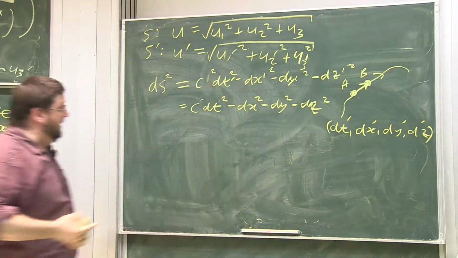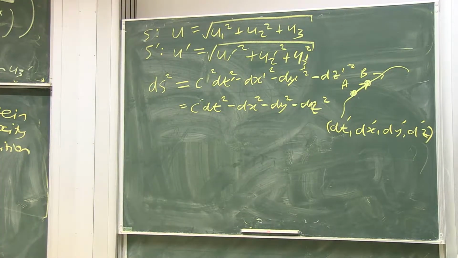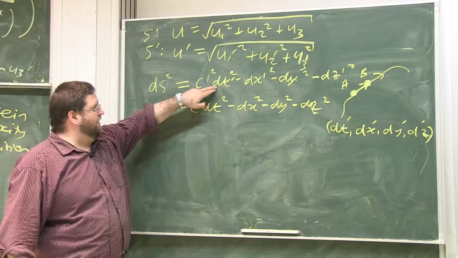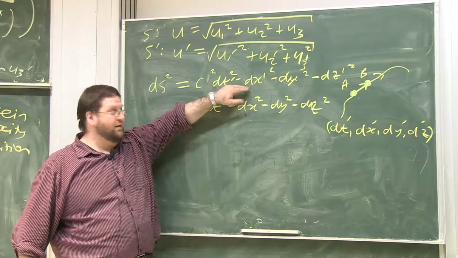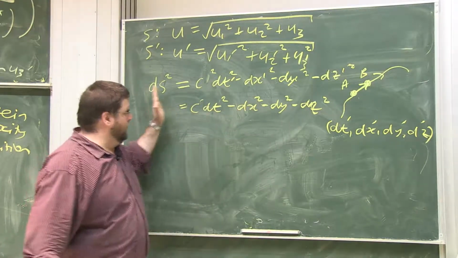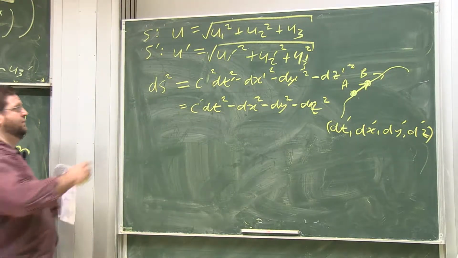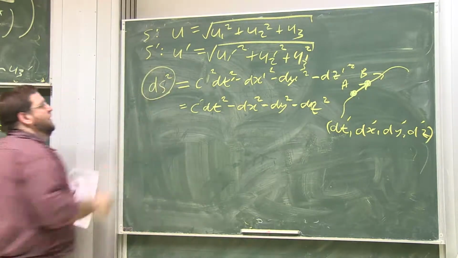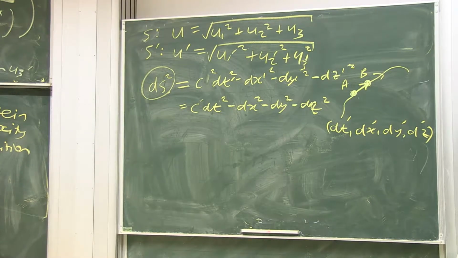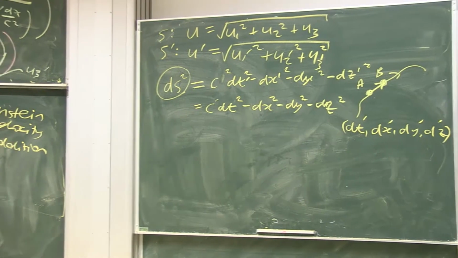And the different inertial observers would disagree. They'd say, I say dt, you say dt prime. I say dx, you say dx prime, etc. But they would agree on this invariant squared interval because this thing is an absolute. It's unchanged under Lorentz transformations. It's a Lorentz invariant. So this is our starting point that's going to allow us to construct speeds.